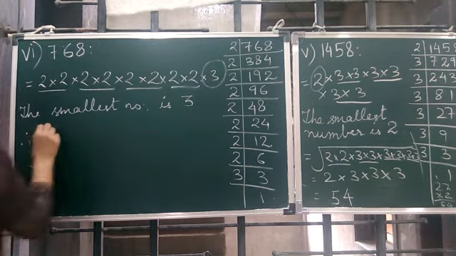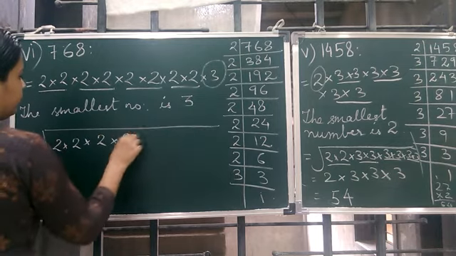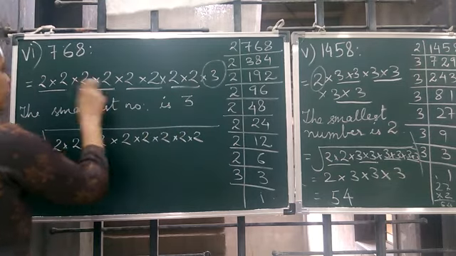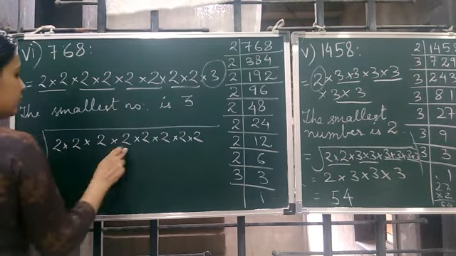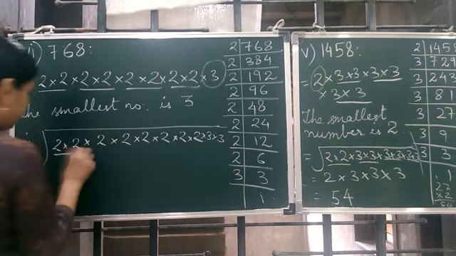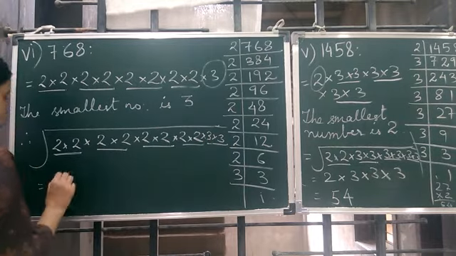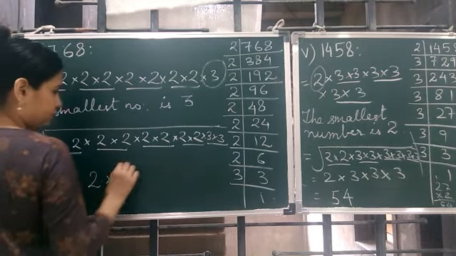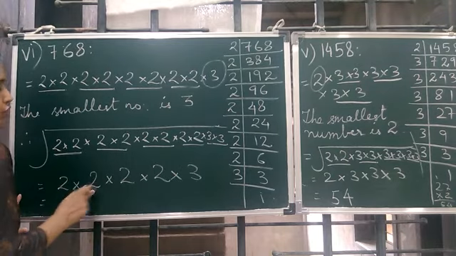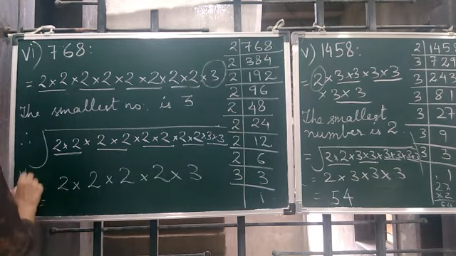Therefore, when we put this under the root, we get something like this. We take out the numbers from the root by making the pairs. 2 2s are 4, 4 2s are 8, 8 2s are 16, 16 into 3, I think 48.